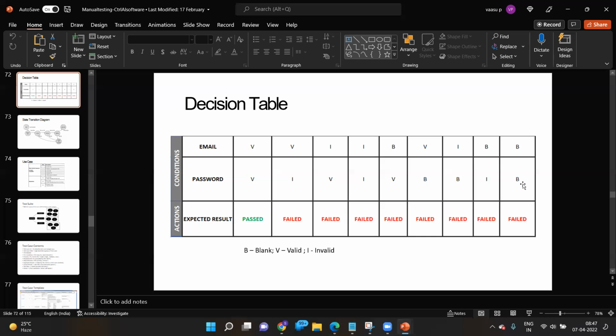Here we are seeing only 2 fields, but if the registration form has 10 fields, we are going to end up with almost 9 into 10, almost 90 times. It is more than 90 times. So 90 times you have to test a single registration form.